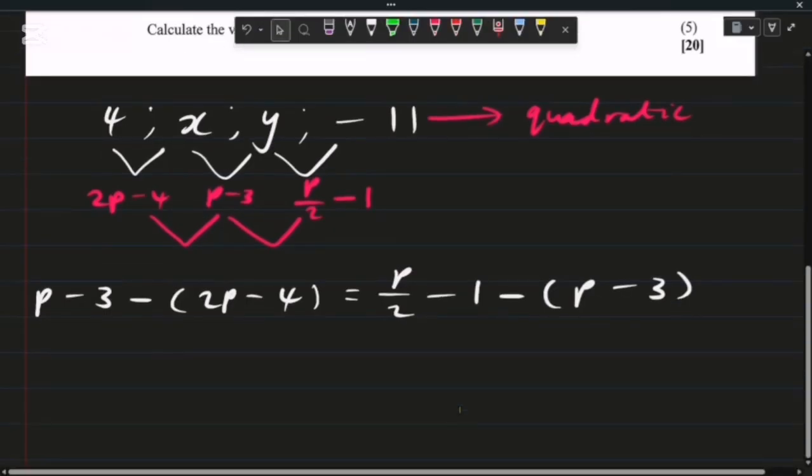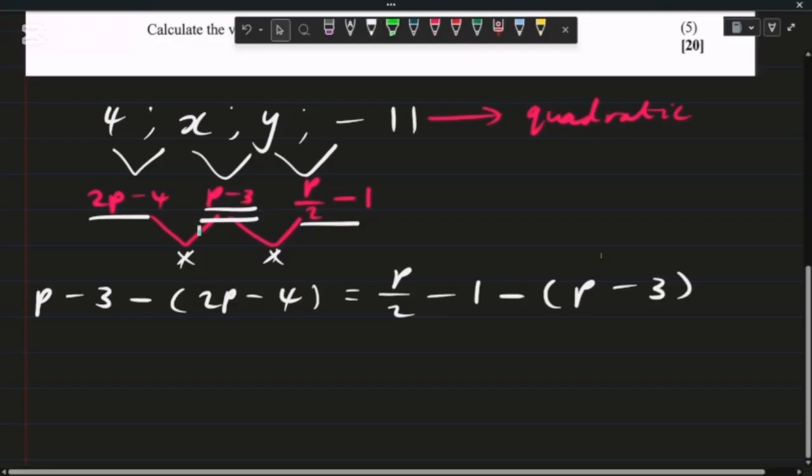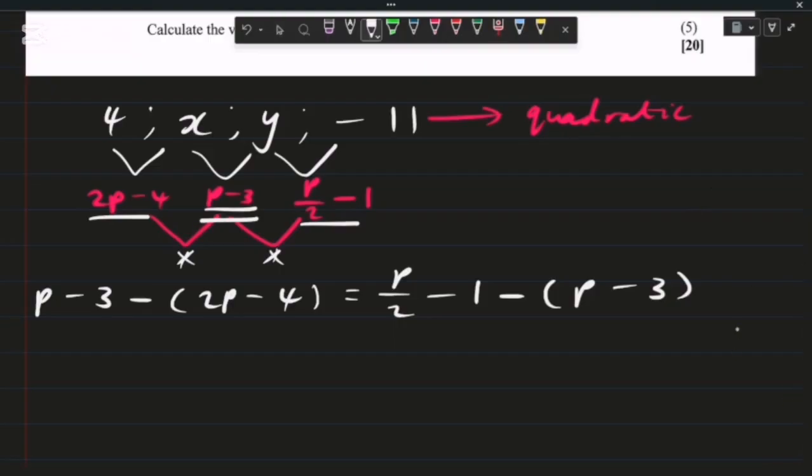Basically, I am saying that whatever value I get over here is exactly the same value I will get over here. So this minus that is expected to be the same as this minus that, which is the main characteristic of a quadratic sequence, a quadratic pattern. So let's continue. We can use this equation to solve for p, by the way.